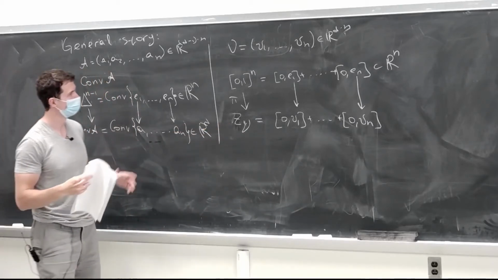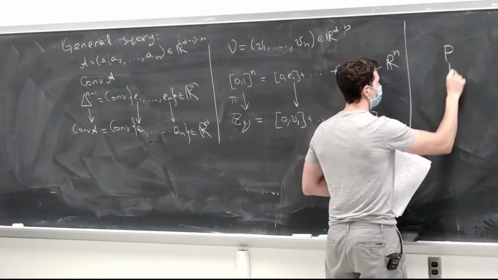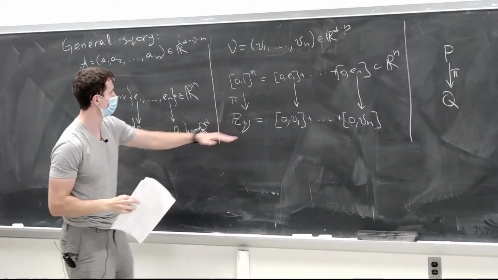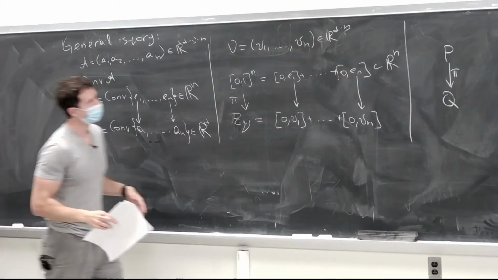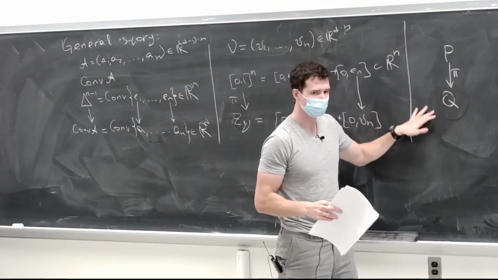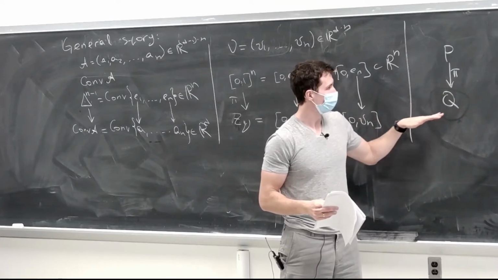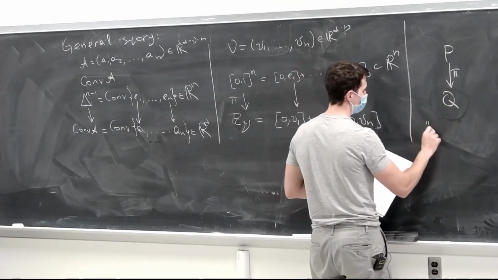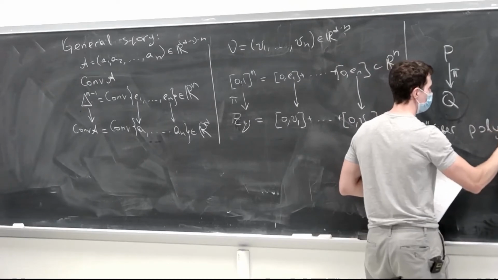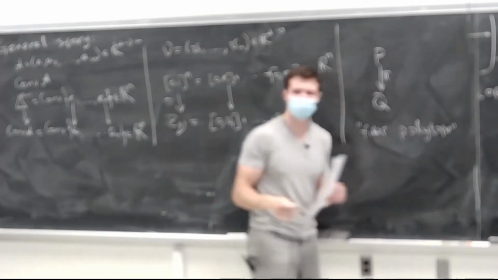Actually, the general story is that if you have any projection of polytopes, then there is a notion of pi-induced subdivision of Q, which generalizes triangulations and zonotopal tilings. And there is a notion of a fiber polytope, which simultaneously generalizes fiber zonotopes and secondary polytopes.